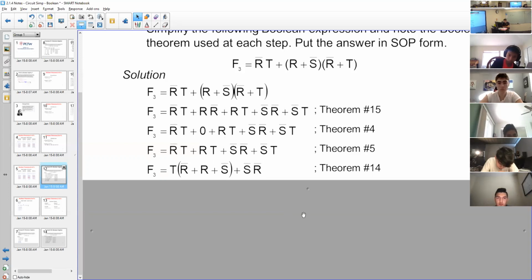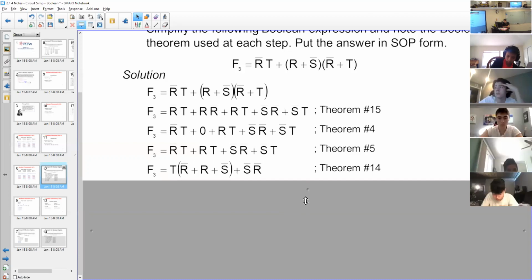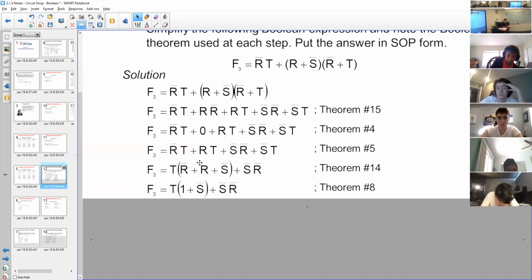All right. Now, if we have an R and a not R added together, what theorem does that represent when we've got a variable with its inverse added together? 8. So the not R and the R, according to theorem 8, can simplify to a 1. Now, when we have a 1 added to something, what theorem does that match up to? 6, yeah.